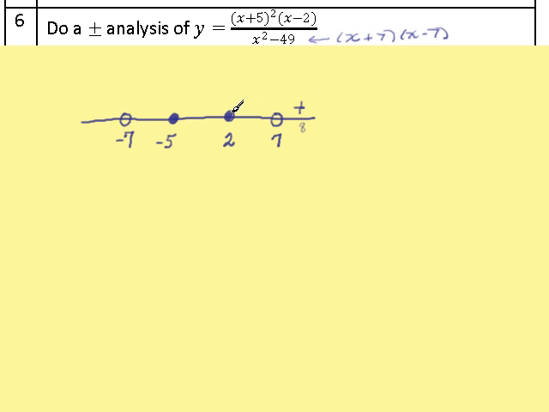And now we're looking between 2 and 7. Let me mention that this factor, x plus 5, which gave us the intercept minus 5, has an exponent 2. So we're expecting, let me just put a star here, we're expecting the sign not to change on the right and the left.